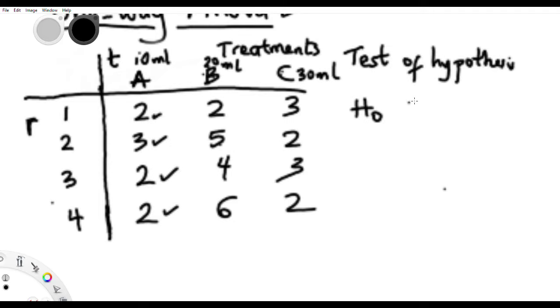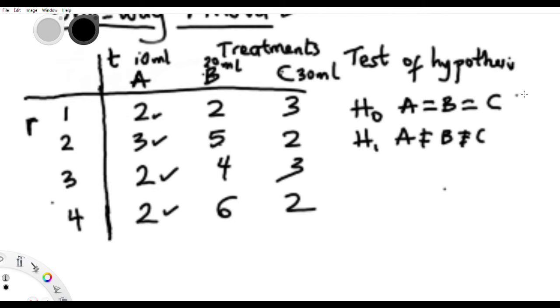The null hypothesis states that there is no difference. That means treatment A is the same as treatment B and is the same as treatment C. There is no significant difference between the treatments. The alternative hypothesis tells that there is a difference. So which one are we to accept? Are we to accept the null hypothesis, or the alternative hypothesis?